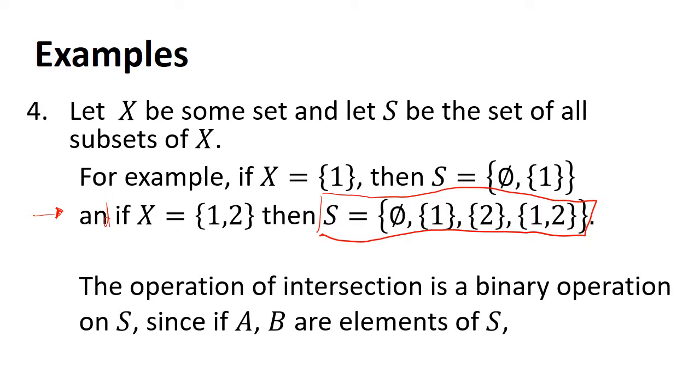So we take elements from set S, and then perform the operation intersection, and see if the result is still an element of S. If it's still an element of S, then the operation of intersection is a binary operation on S.